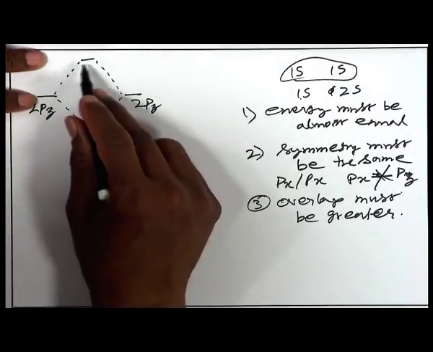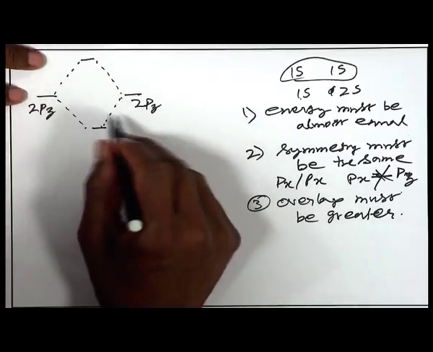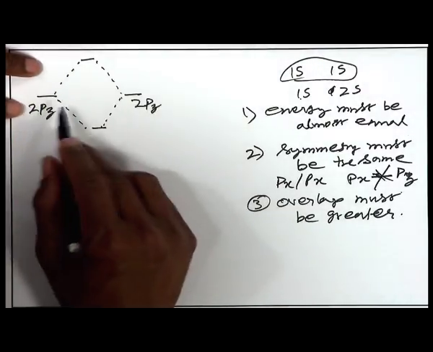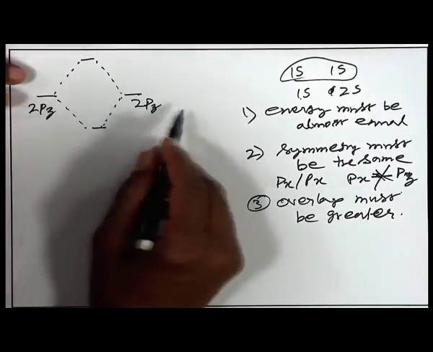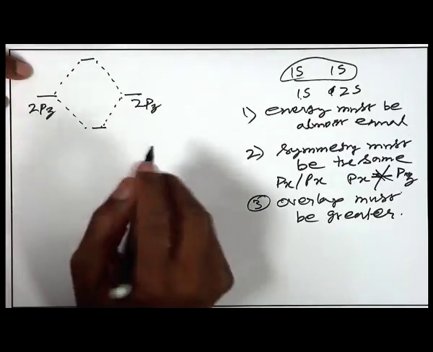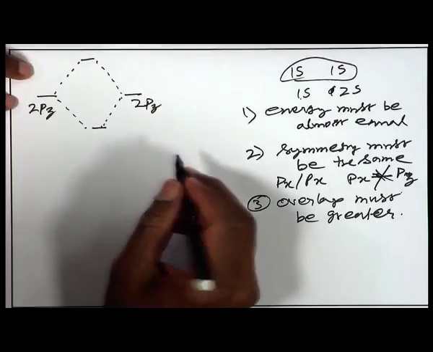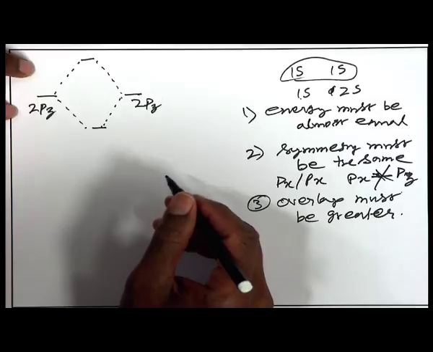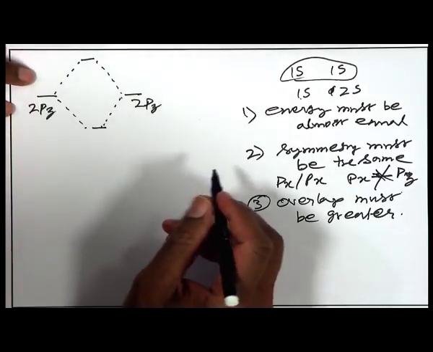After interaction, two energy levels are formed. They can combine because symmetry is the same, energies are the same, and they can overlap head on, as we saw yesterday. You can describe the overlap of the Pz orbital this way.